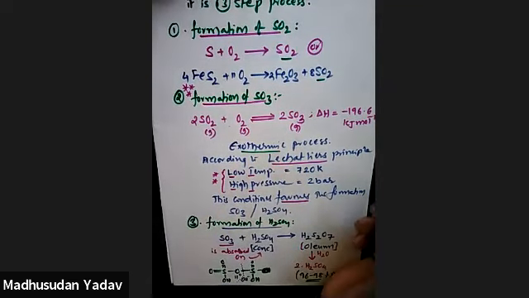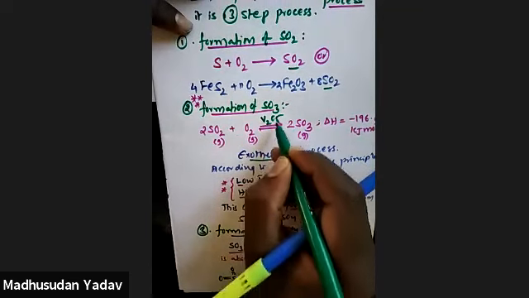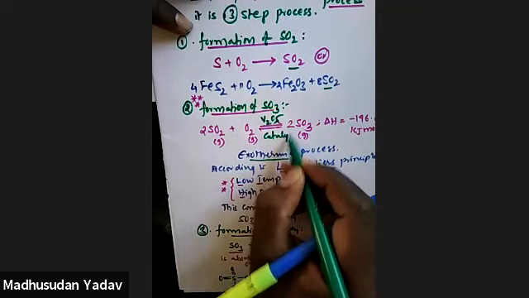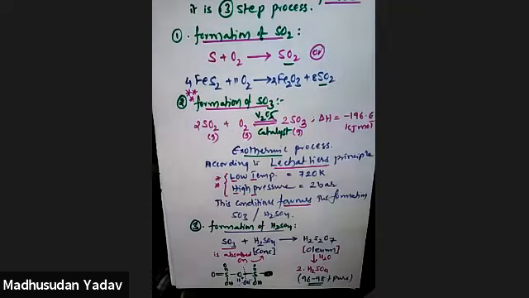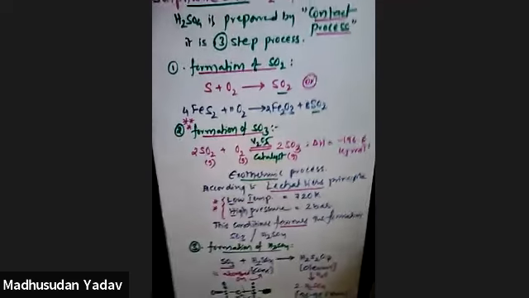In this process, we use V2O5, vanadium pentoxide, as a catalyst. So what catalyst is used in this? Vanadium pentoxide catalyst is used to increase the rate of reaction. So this is about the contact method preparation of sulfuric acid.